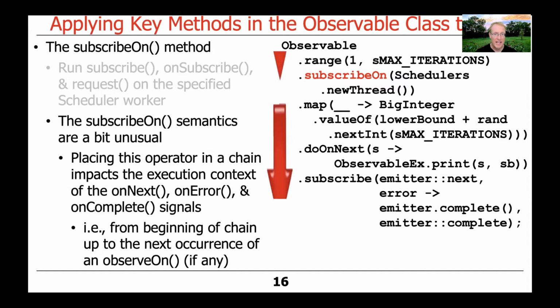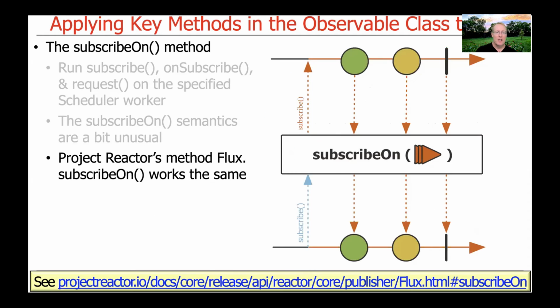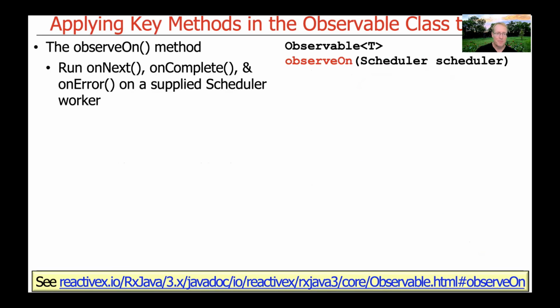And we'll talk about observeOn in a minute. There may not be any observeOn calls, as there are not in this case, in which case, ignore that. But if there is an observeOn call, then in that case, it's going to have an impact on where things run. And we'll see some examples of that when we go further along. Project Reactor has a subscribeOn method that works essentially the same.